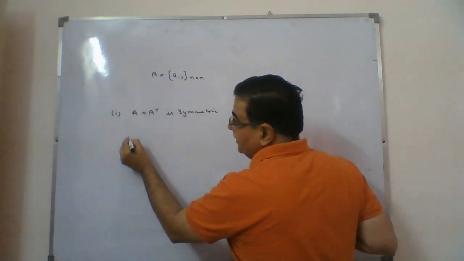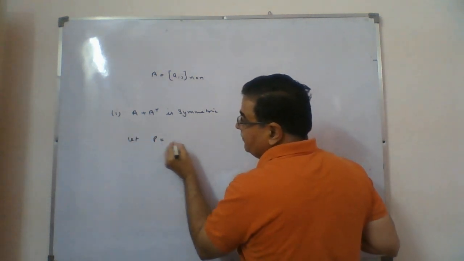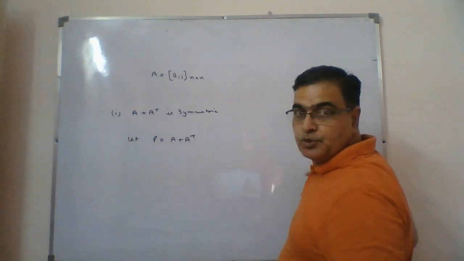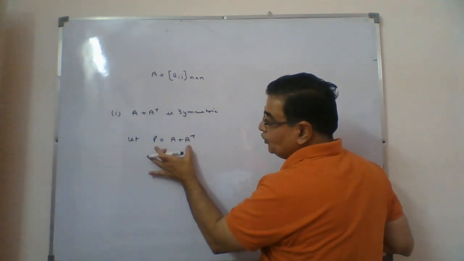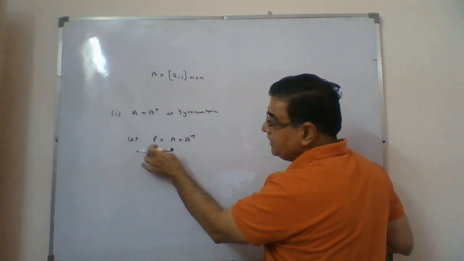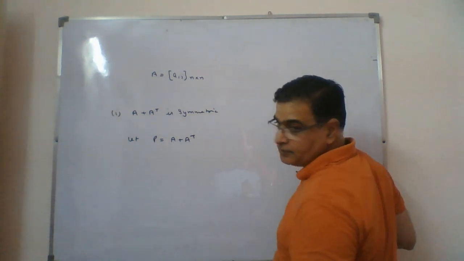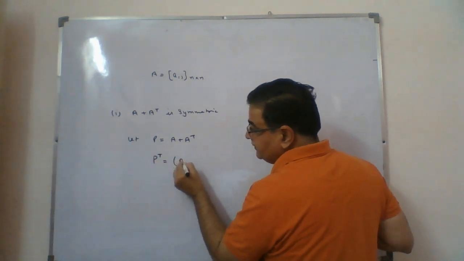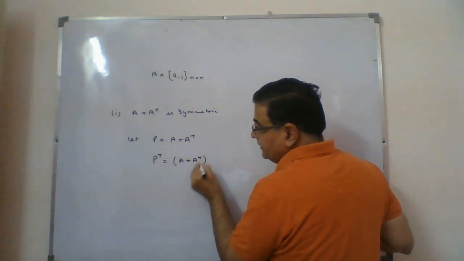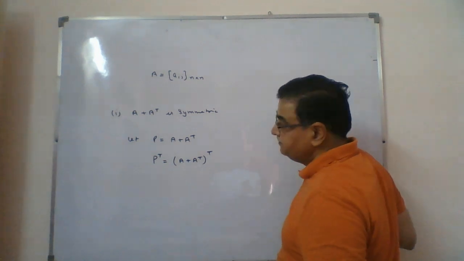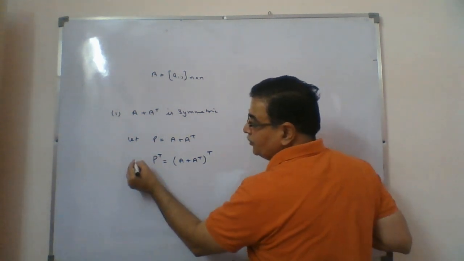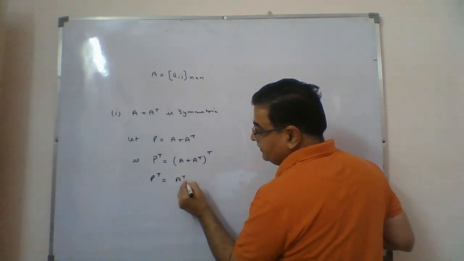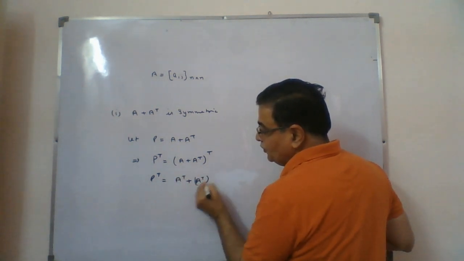Just check here. Let P we are taking as the addition of two matrices, A plus A transpose. We have to show that this is symmetric. Means we should prove that P is equal to P transpose. So first I'll say P transpose is A plus A transpose whole transpose. This implies P transpose will be A transpose plus A transpose whole transpose.